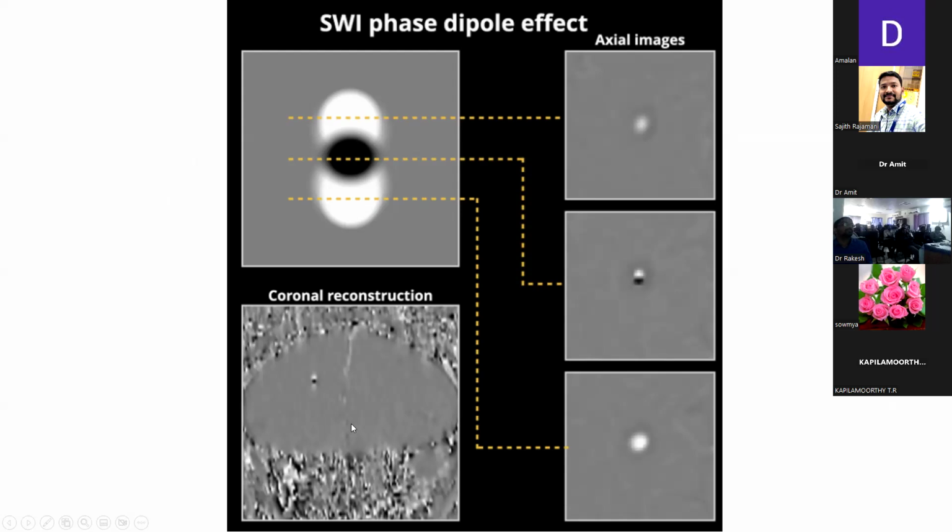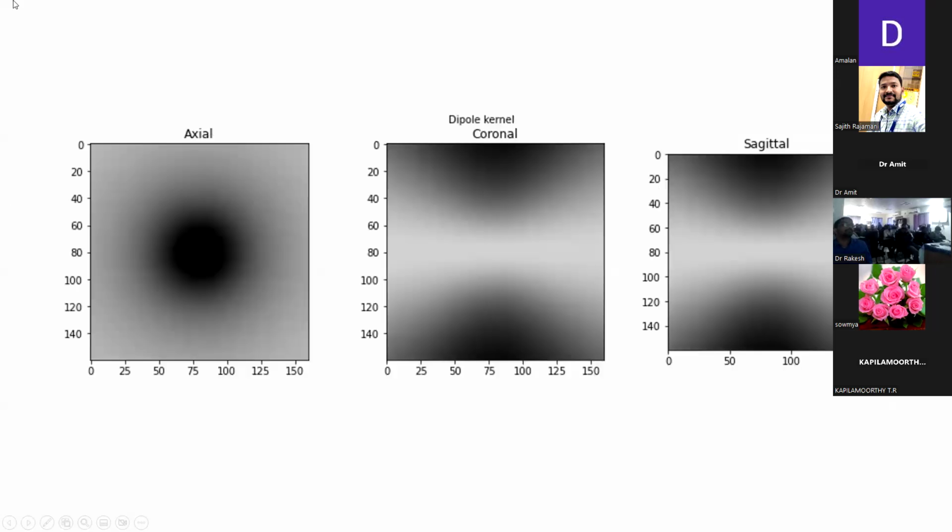So how do we remove the dipole effect? It is possible to create a dipole kernel using software. There are several software packages. If you are using Python, we have modules to estimate dipole kernels. It is basically an array of numbers.